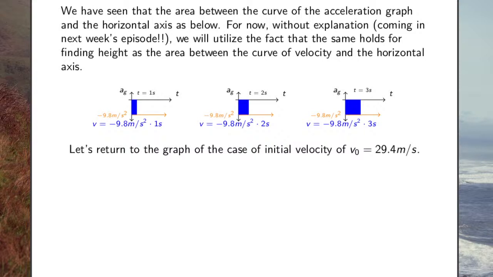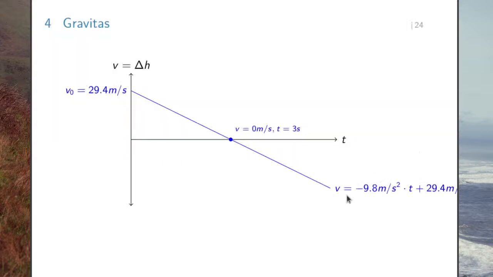But you would be wrong, and we'll get into it. We're running out of time in this video, but in the next video I'll get into the details of why area under the velocity curve corresponds to height. It's pretty cool, I think.